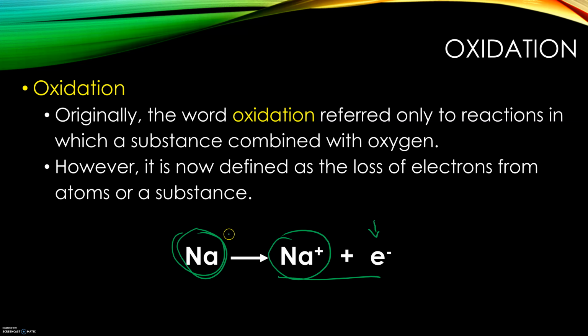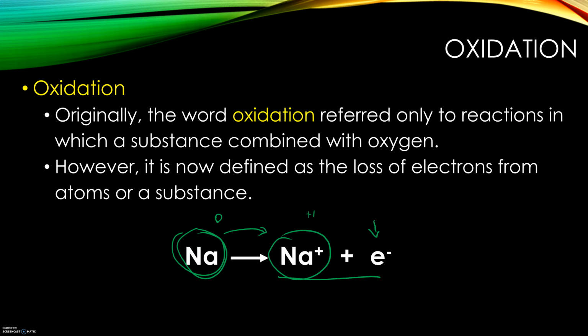So we can say that sodium was oxidized into sodium ion because it technically lost an electron. So the total charge for the original sodium right here is 0, whereas the total charge for the sodium ion becomes +1. So in terms of charges for now, it went from 0 to +1. So it went up. That indicates that the electrons were lost.